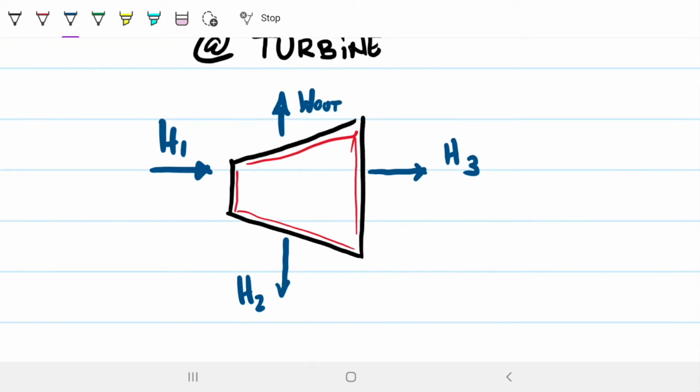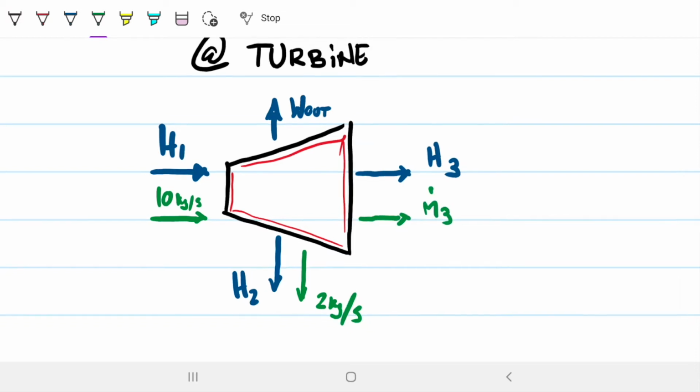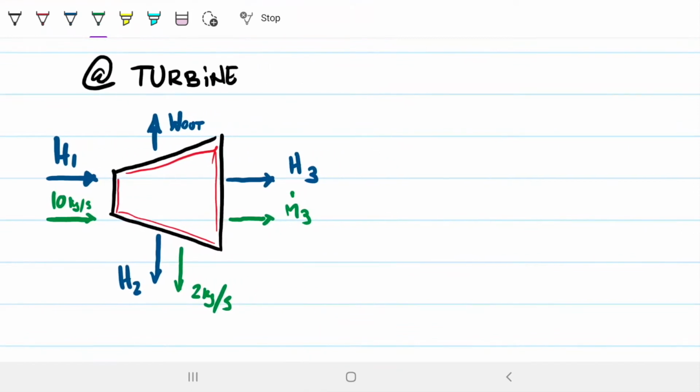In addition, we have mass. Let's think about the masses that are going in and out of the system. We have a mass flow rate here of 10 kilograms per second. We have a mass flow rate on the extraction of 2 kilograms per second, and we have a mass flow rate here on state 3, which was not given to us. If we're applying the continuity equation, then the change in the mass flow rate has to be 0.